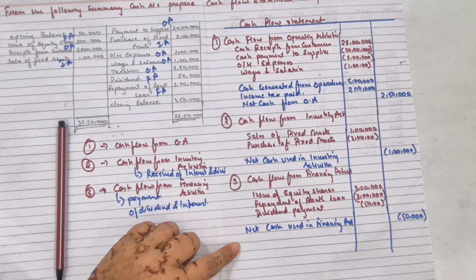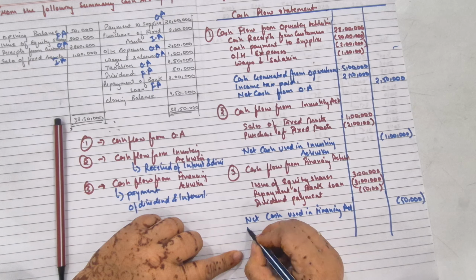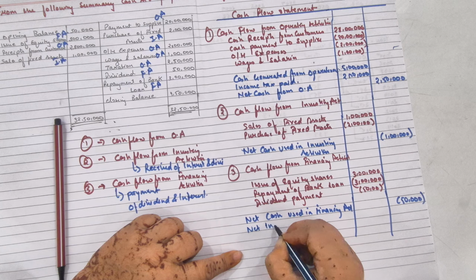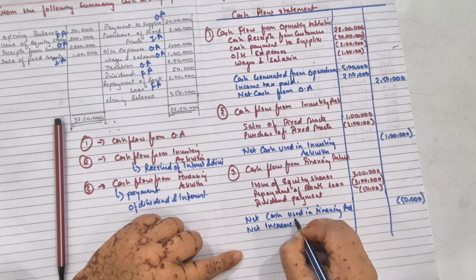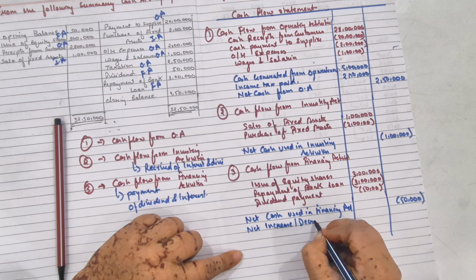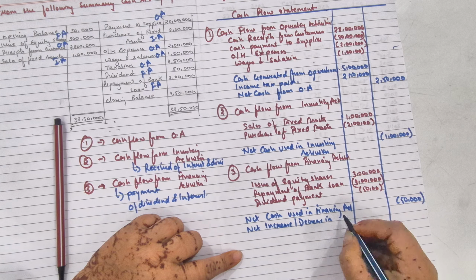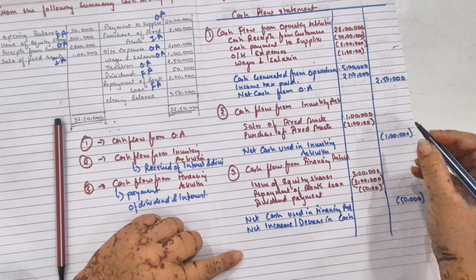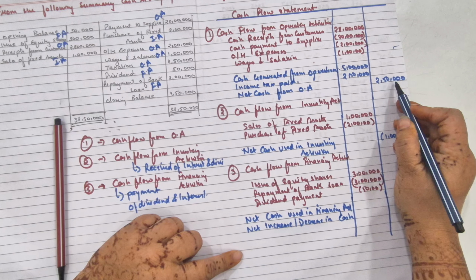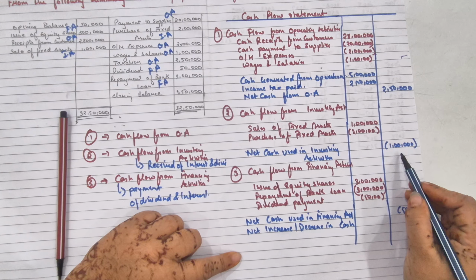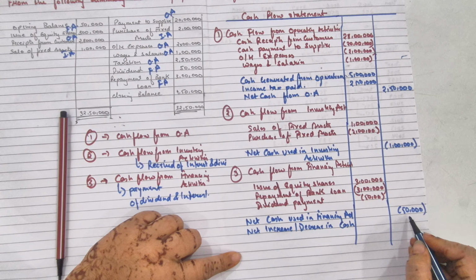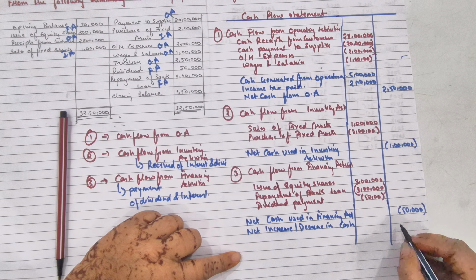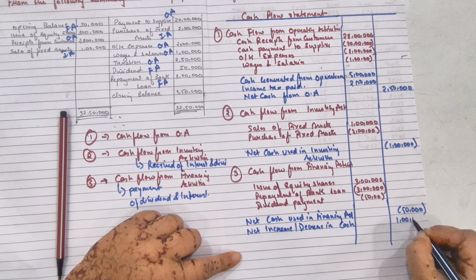Now our last step would be to calculate the net increase or decrease, whichever is there, in cash. So how much is there? 2,50,000 we have received. Then there is a payment of 1 lakh and a payment of 50,000. So net it would be 1 lakh.